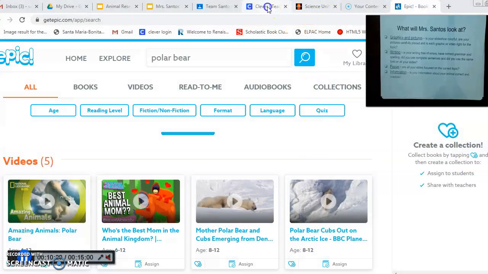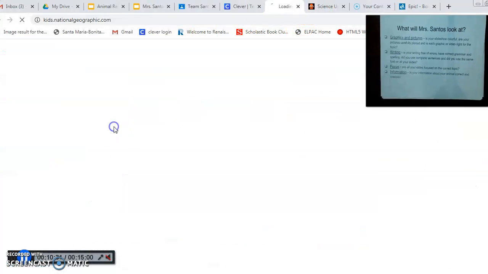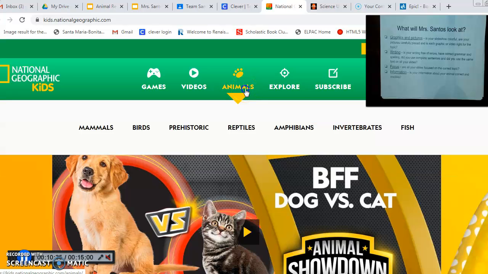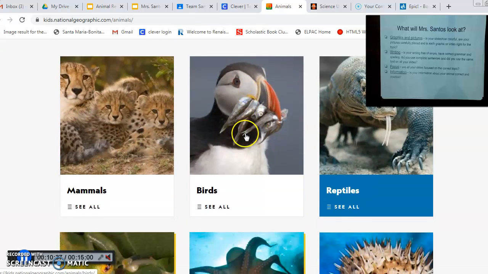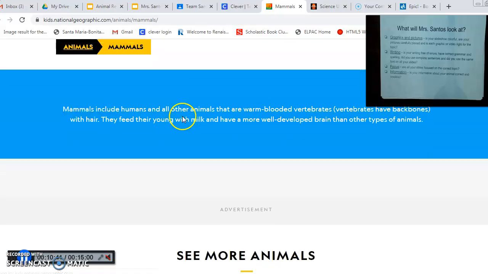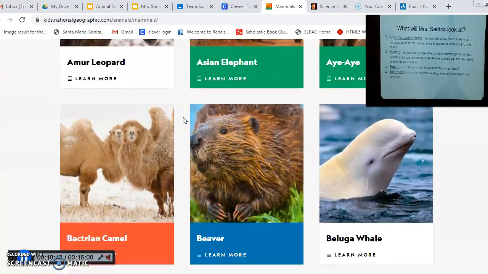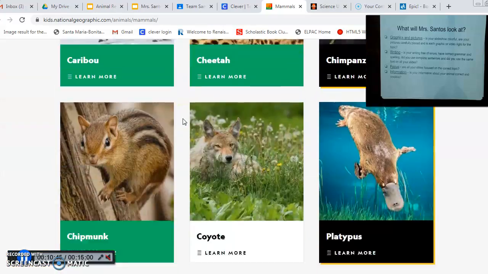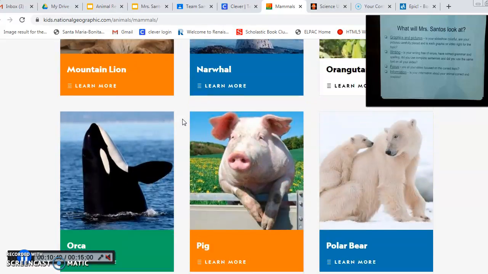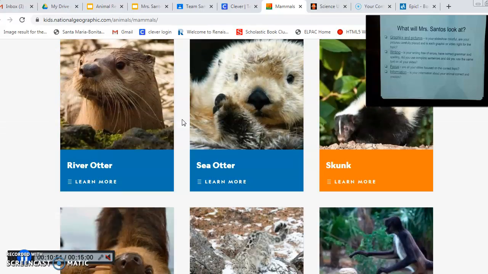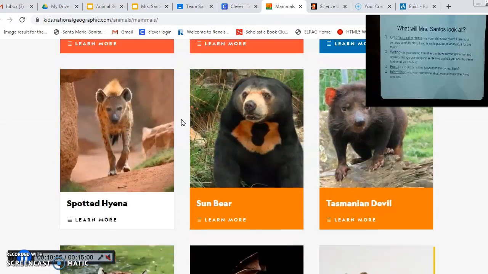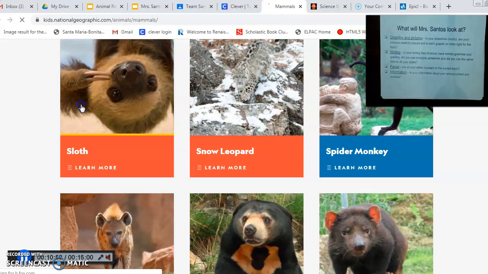So that way you understand what I mean. What I mean is, did you go, let's say to National Geographic Kids, I'm going to go there. I'm going to go to Animals, and I'm going to go into Mammals, and I'm going to look for my baby sloth, right? So I'm going to go here. I want to gather some information because I'm looking for where it lives. Okay, so let me find sloth, and I think I might have passed him. There he is.